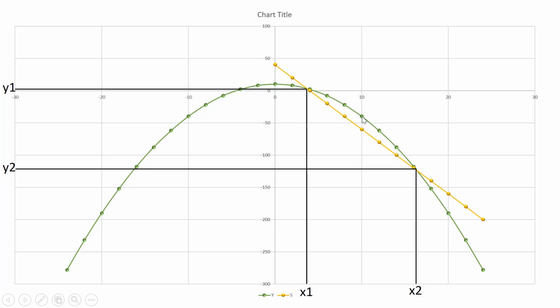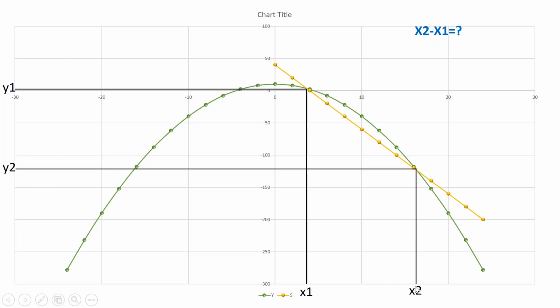But for now, let's try to talk about the slope of this straight line that we are so much interested in. We have coordinates of x here and we have coordinates of y. We have to understand that x is a given number. So x1 is a given number and x2 is a given number.